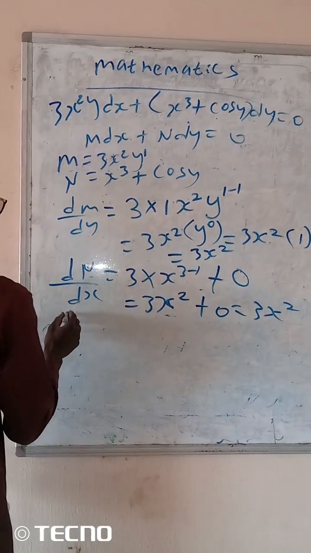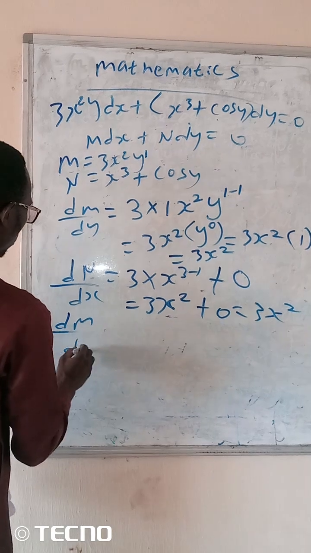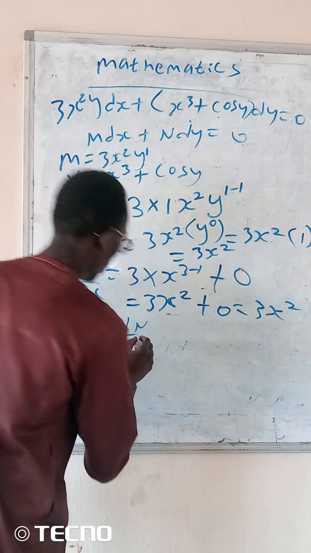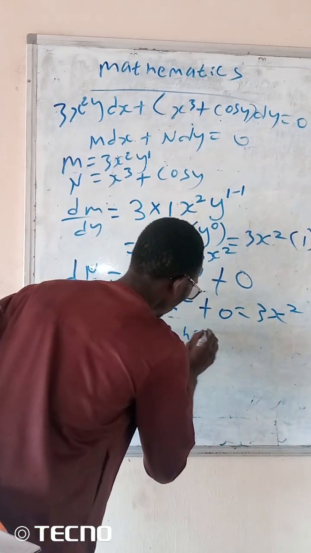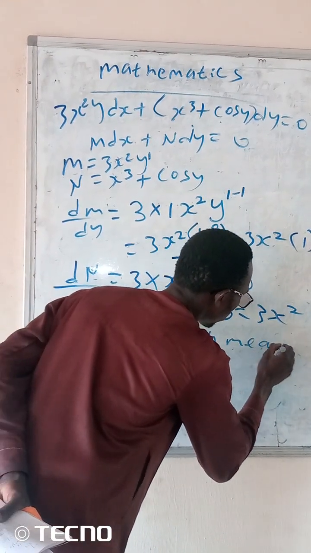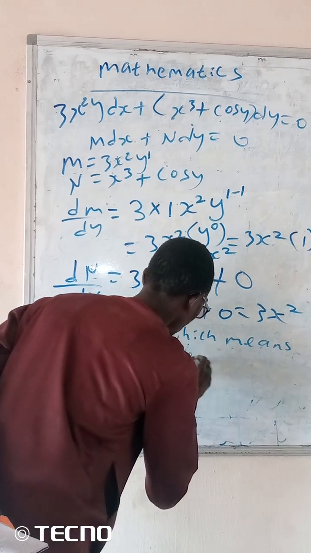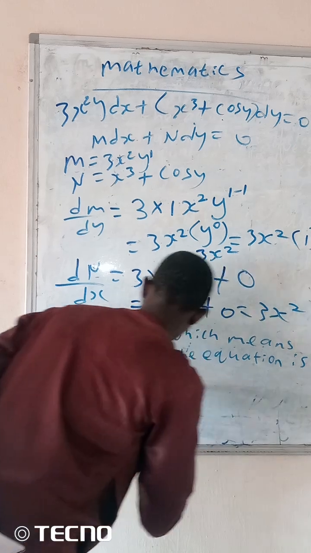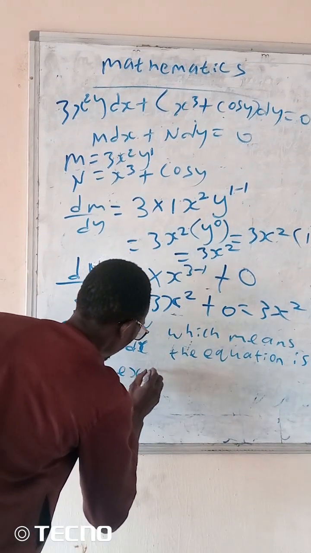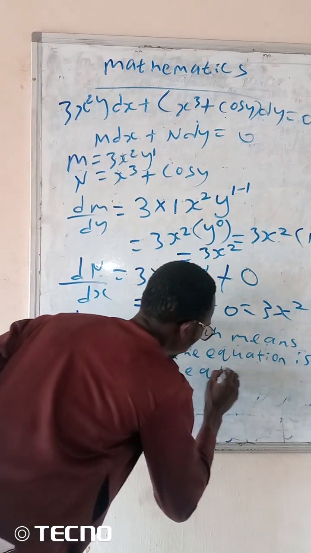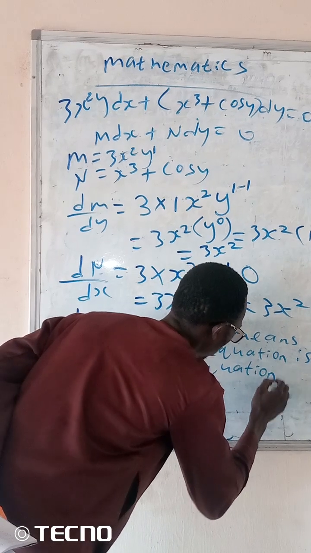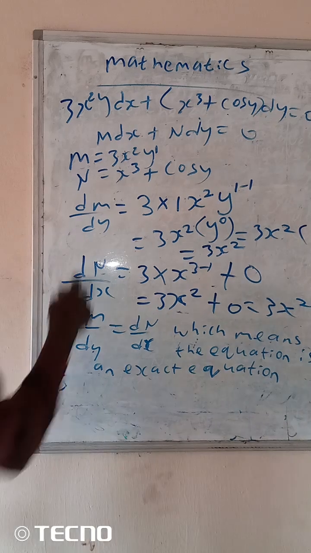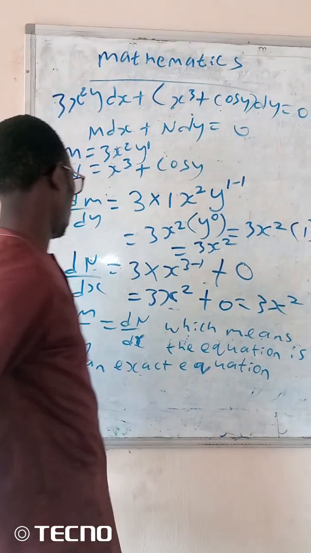So now you're going to agree with me that ∂M/∂y equals ∂N/∂x, which means the equation is an exact equation.